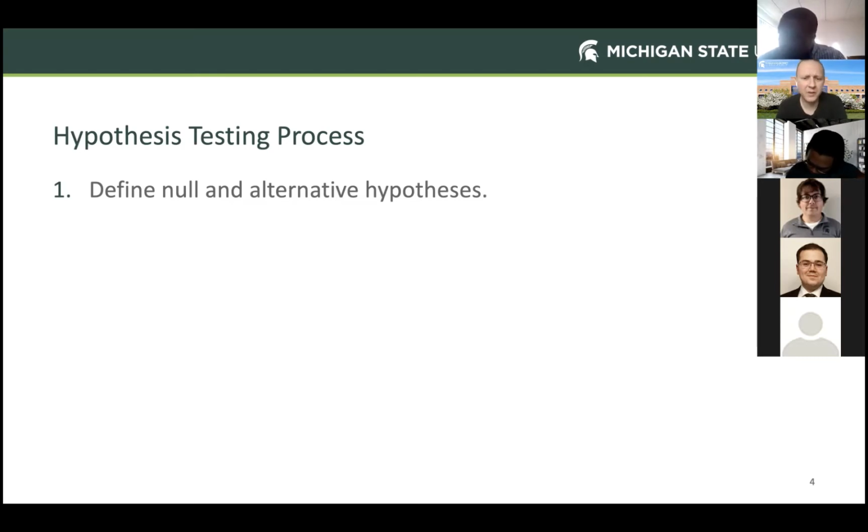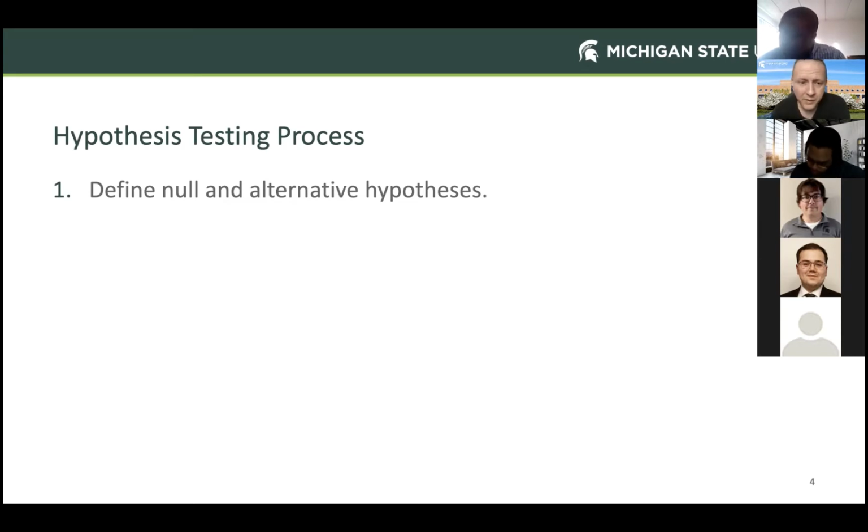And when we set up those hypotheses, generally we'll refer to them as the null and alternative hypothesis. The null hypothesis is typically set up as an equality. So going into our experiment or our research study, we're assuming that either the means of two populations are equal to one another, or the mean of one population is equal to some reference value, as the case may be.